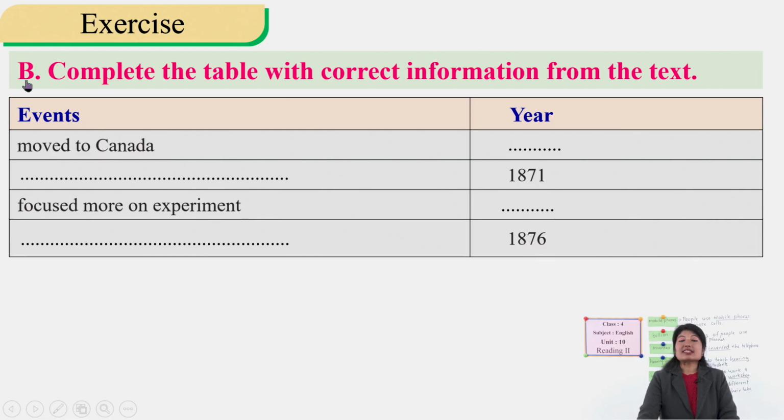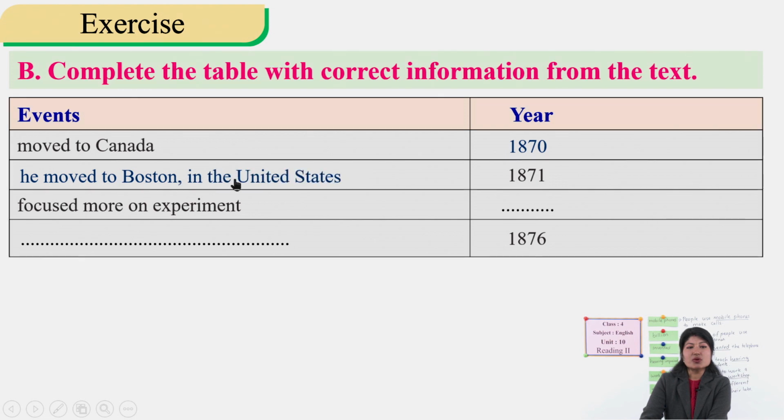Let's move to exercise B, and this is table completion. Complete the table with correct information from the text. Move to Canada. In which year? Have you found the year? Right, it is 1870. What about 1871? What happened in 1871?